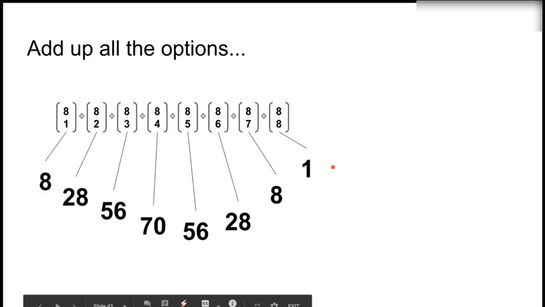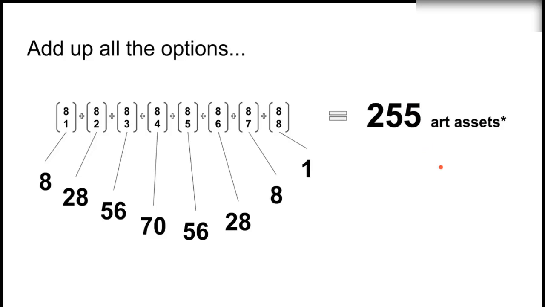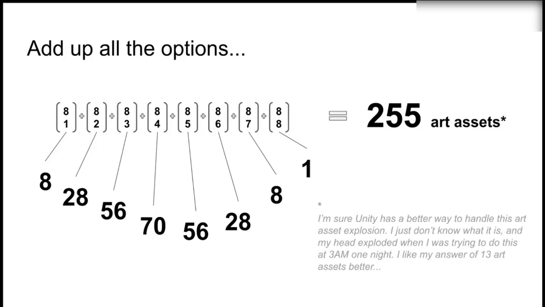And to capture this, you need 255 art assets, which, hey, that's coincidentally 2 to the 8th, minus 1. Yeah, because I did not include 8 choose 0, so it doesn't go to 256.